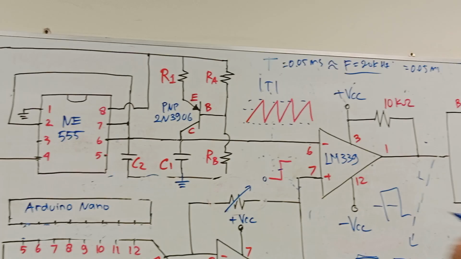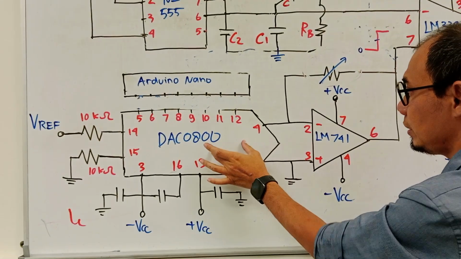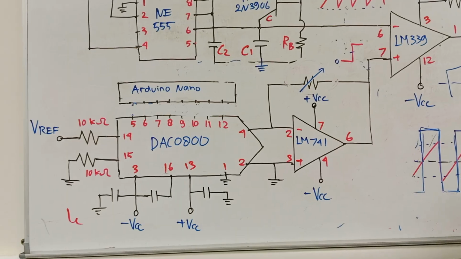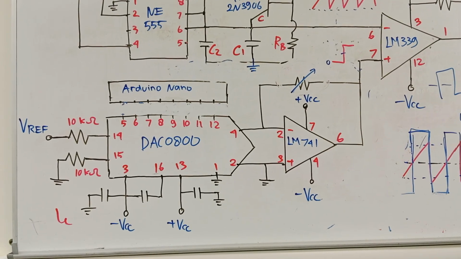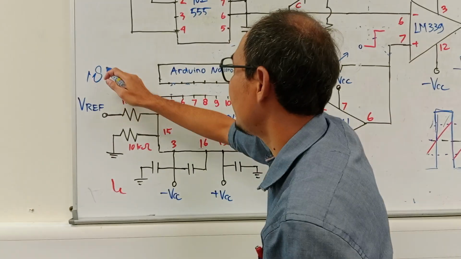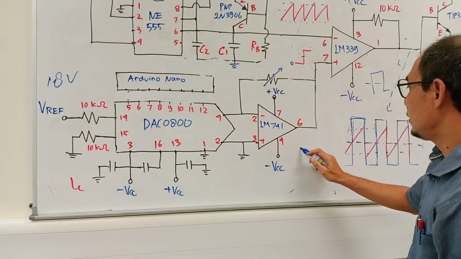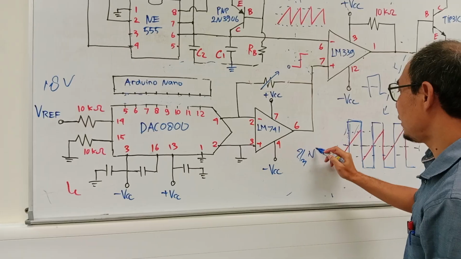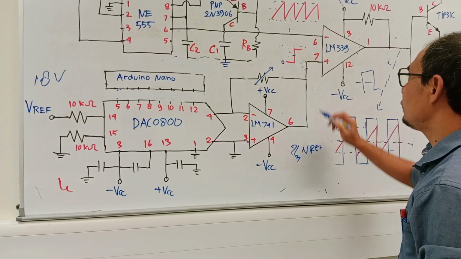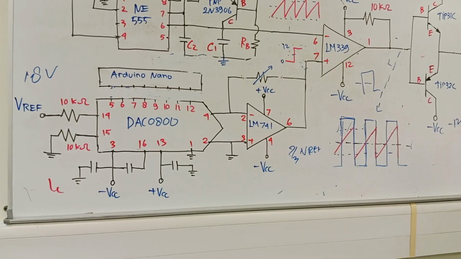Then you can move on to part number 2, the Arduino Nano, the DAC board, and also the op-amp. Here, if we provide 18 volts for the VREF, the expected result is, because this will be two-thirds of the VREF, between 0 to 12 volts here.